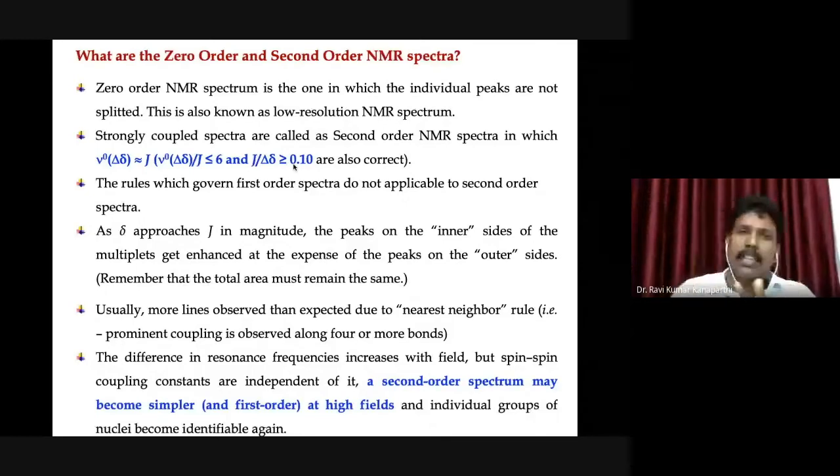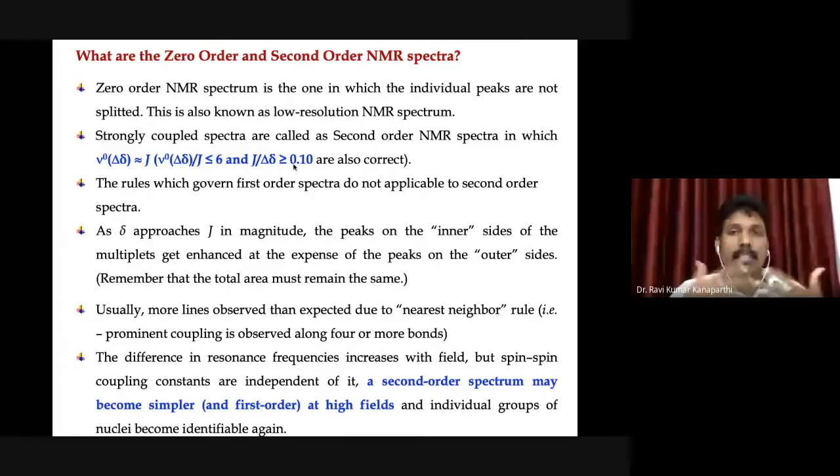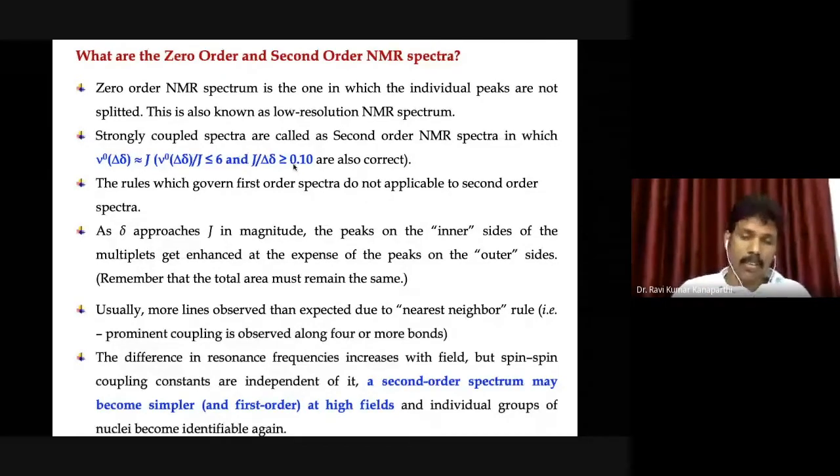I explained with an example of two doublets, but it applies generally. If you have a doublet and a triplet, and the coupling constant matches the difference in chemical shift, then the doublet and triplet will merge with each other. In all these cases, the inner line intensity goes up at the expense of the outer line intensity. That is the typical nature of a second order spectrum.